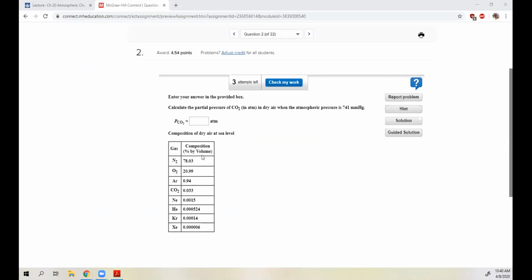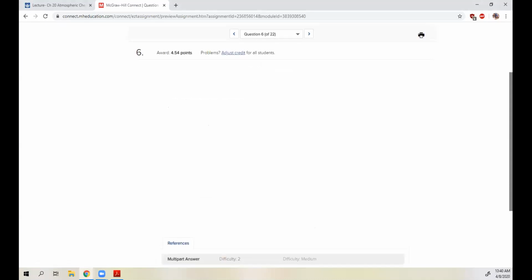If they're all in the same container, then we can take that overall pressure and break it down based on what fractions we have. So when we have this composition by volume, that's directly related to the number of moles, and the number of moles is directly related to your pressure. And so we can use that to go back and forth between those. And so we'll look at question number 6 now.